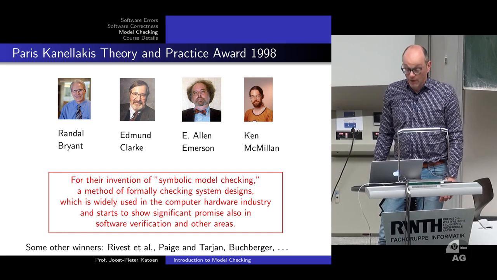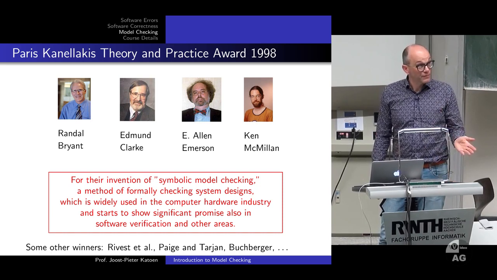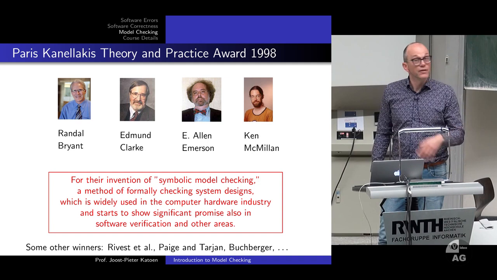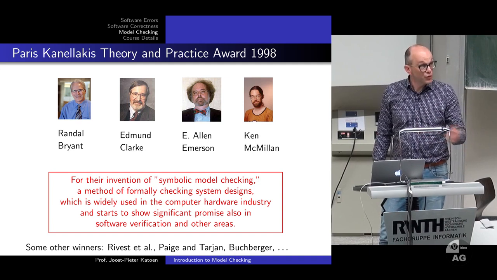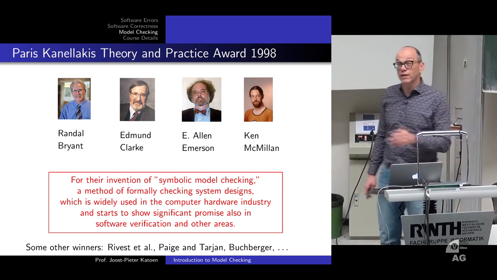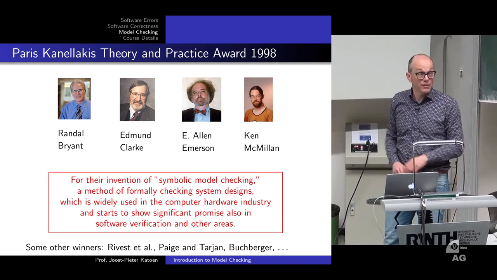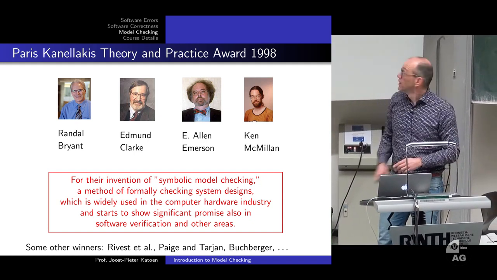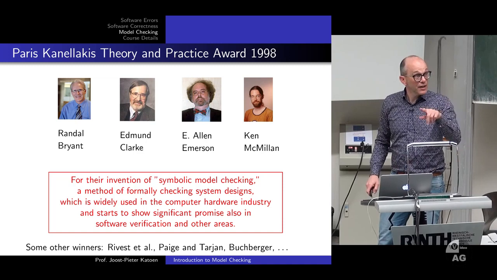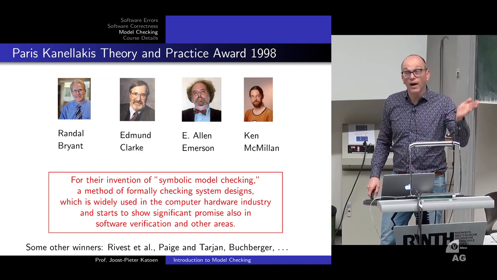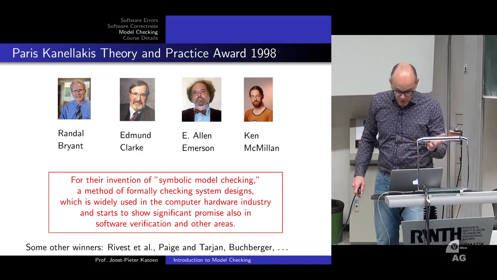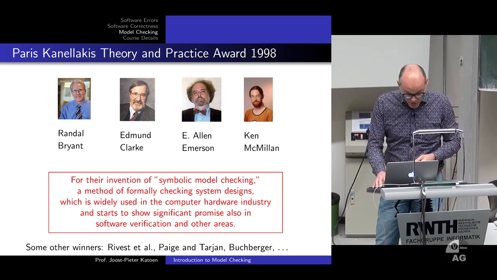Minimization algorithms for automata, which is a standard kind of technique. They developed a very efficient algorithm to do this, which is logarithmic in the number of states. Paige Tarjan, partition refinement algorithm. Rivest, RSA cryptography. Rivest, the R is from Rivest. So this is some indication about this prize.